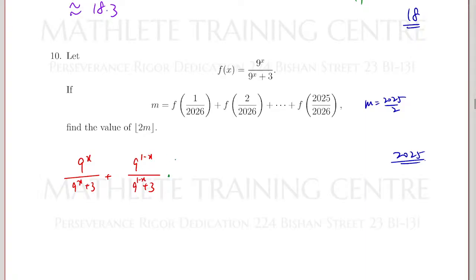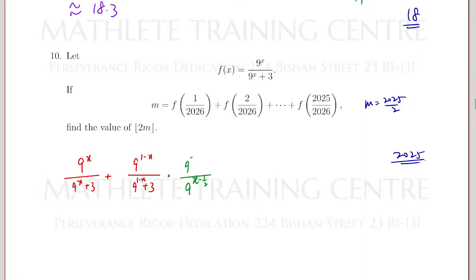And the idea is that I multiply by a certain thing to make sure that the two denominators are equal. And the case right here is, notice that the number 3 is not random. 3 is 9 to the power half. So the thing we're going to multiply by is 9 to the power of x minus half.